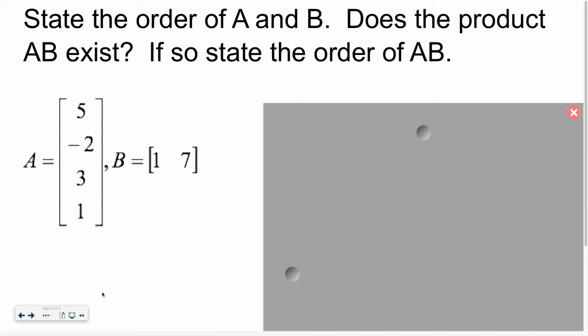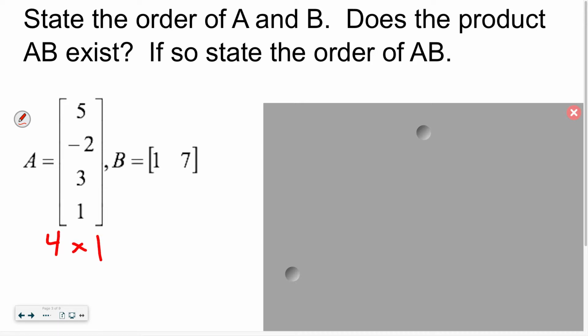So the order of A. Let's see, Tommy, what's the order of A? 4 by 1.